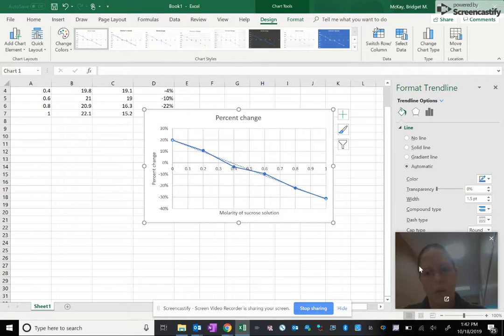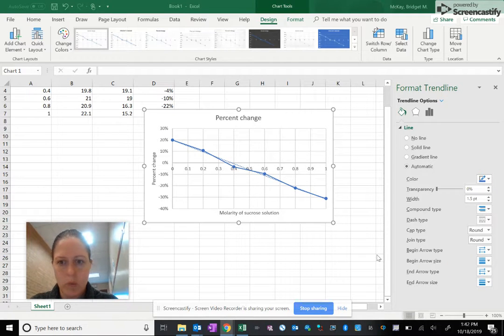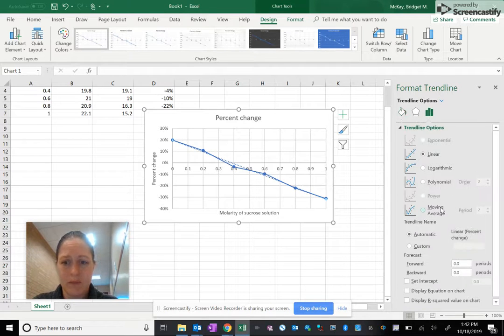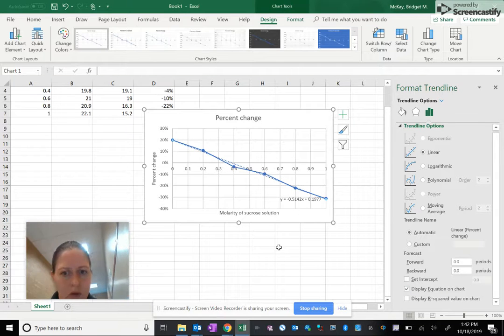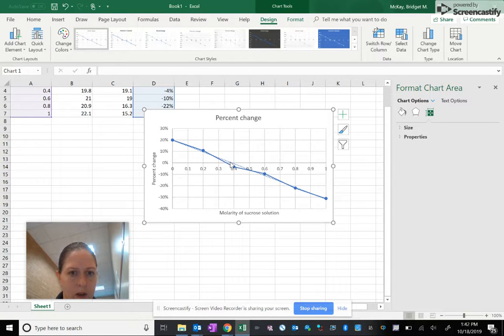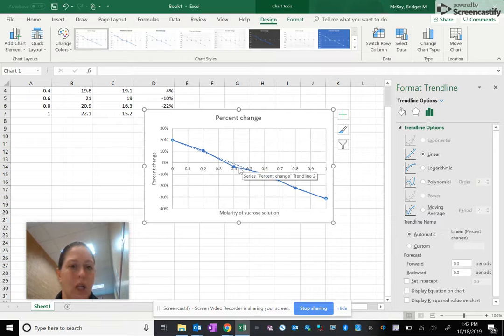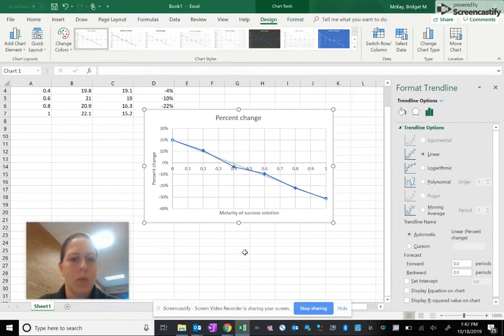Oh, my picture's getting in the way. Okay, move it over there. Where's the one where it lets me display the formula on the chart? There it is, display equation on chart. Okay, I don't like that equation. So I'm just going to go with this 0.35 idea since my trend line isn't quite aligned with where it crosses the x-axis.